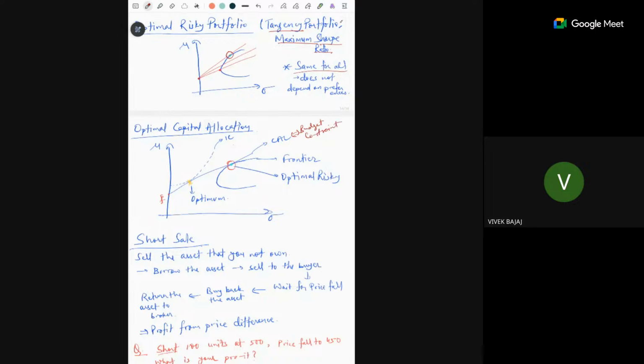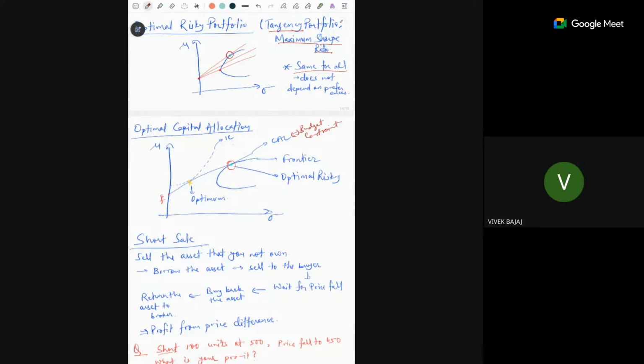For an investor, the optimal capital allocation point would be the one where his indifference curve is just tangent to this capital allocation line. That is represented by this yellow star. So this yellow star is the optimal capital allocation point for an individual investor.